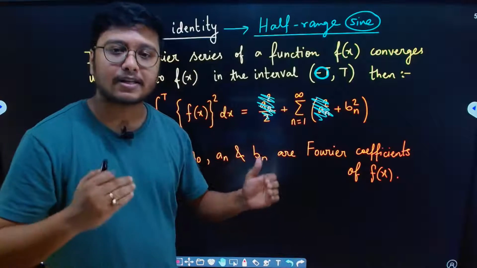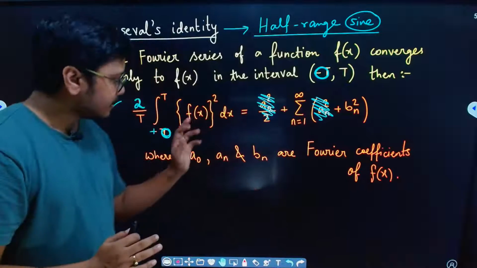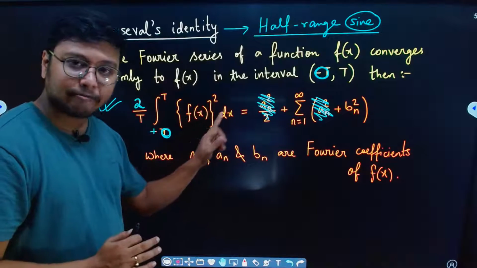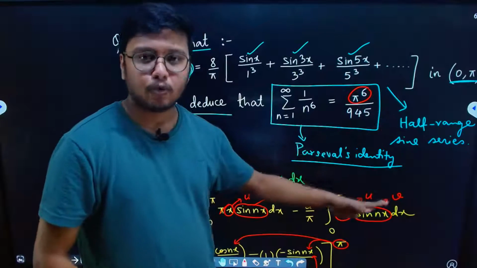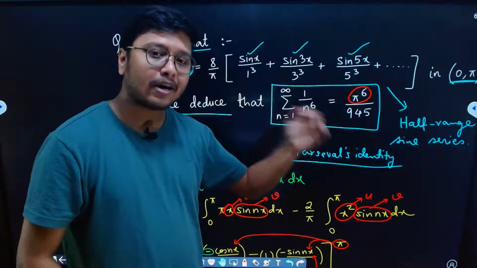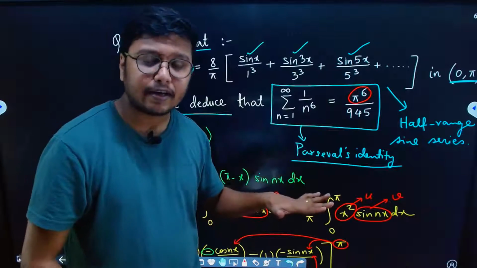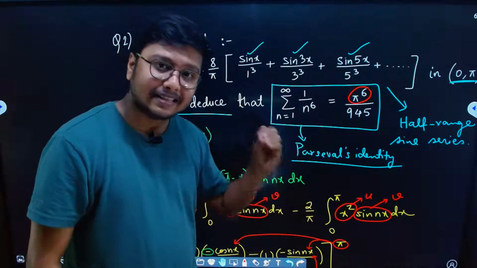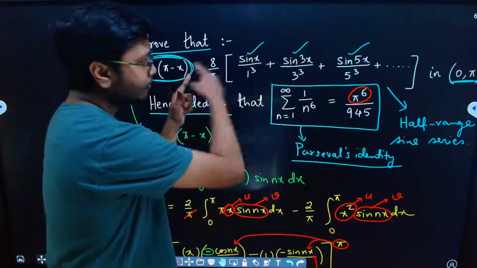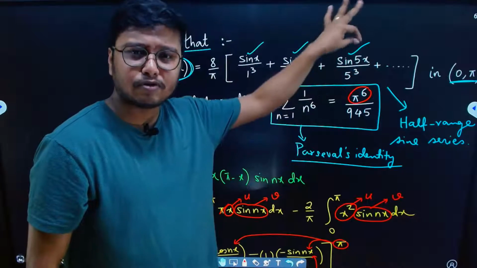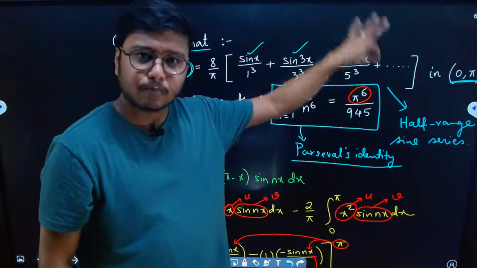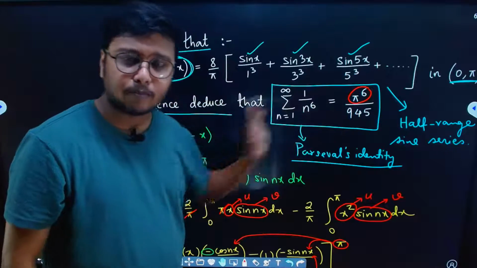If you look at all the Parseval's identity sums, you will understand. Because of this whole square, the effect is that the power of pi will be more than 2. So if it is 2 or less, then it is definitely not a Parseval's identity question. Then that means whatever answer you have got in the Fourier series, you need to put some value of x, let's say x equals pi by 4, etc., to get that particular proof.